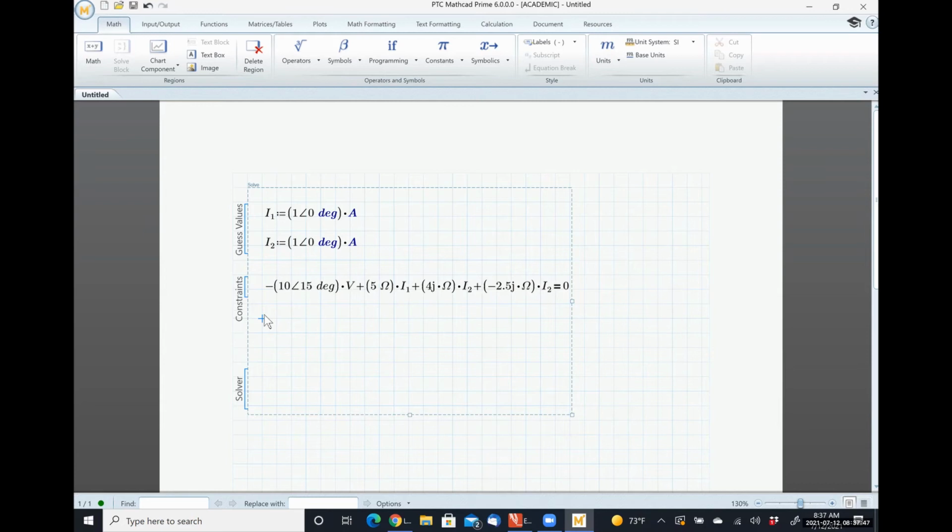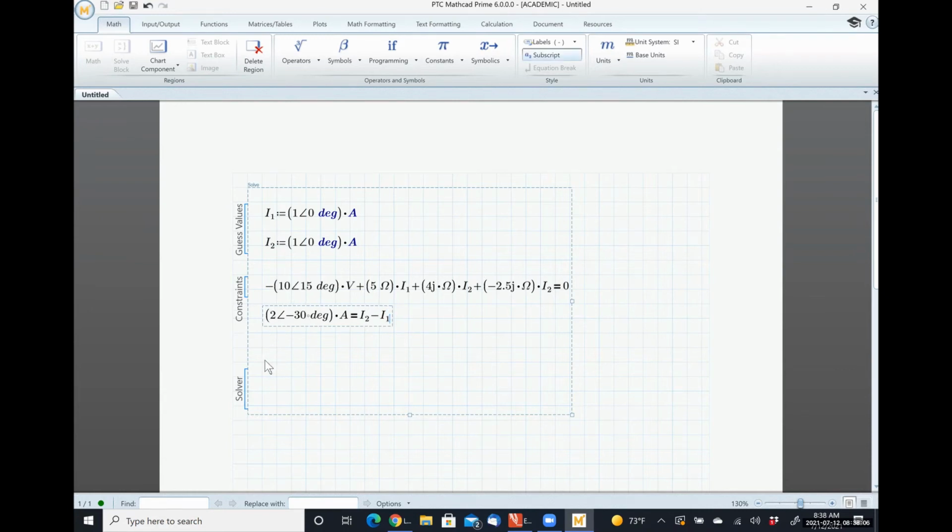My second equation is 2 angle negative 30 degrees amps. Control equals I2 minus I1.